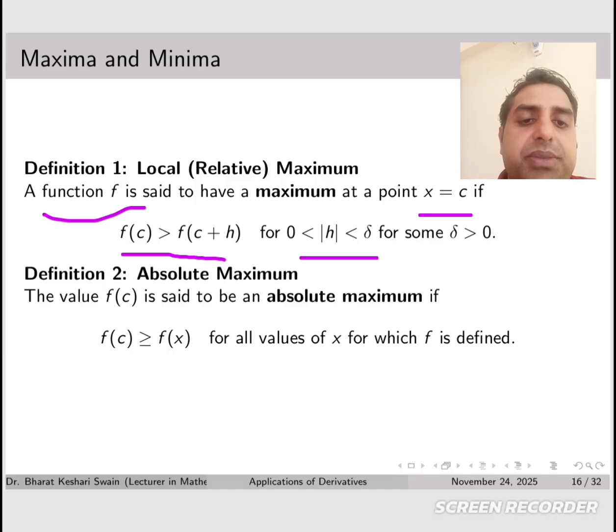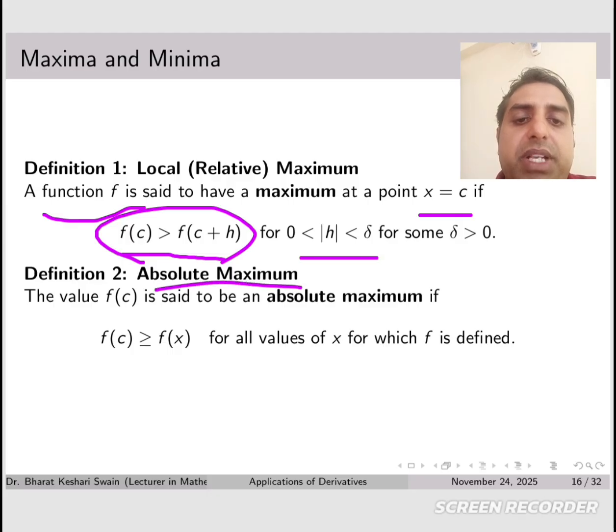That means your h is in between minus delta to delta, is not it? So h is a positive number which is greater than 0, the f(c) greater than f(c plus h). Then we say that function is maximum at the point x equal to c. This is actually relative maximum or local maximum.